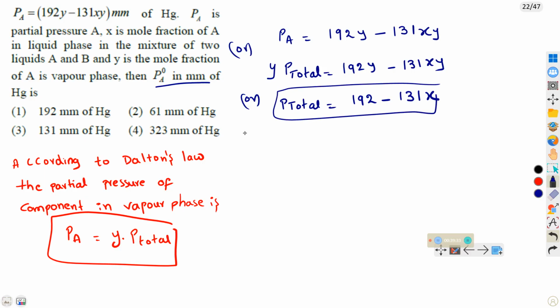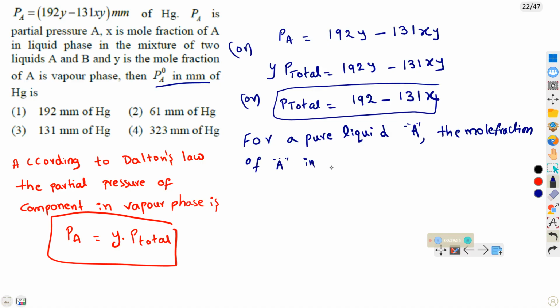According to the given condition, for a pure liquid A, the mole fraction of A in liquid phase is equal to 1.